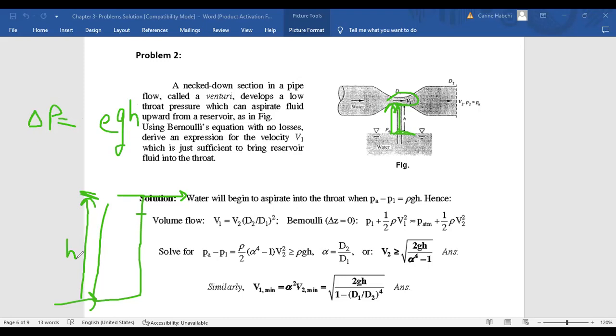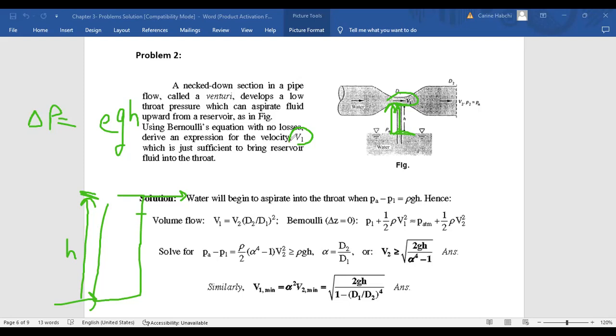Okay, and after this, we want to relate this with the velocity V1, because they asked us to find an expression for V1.